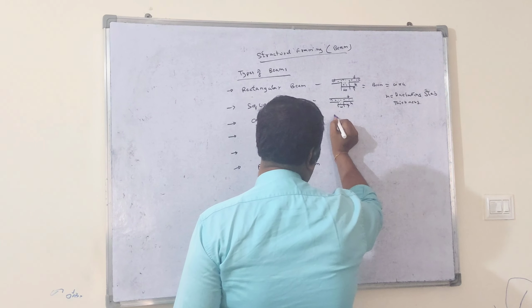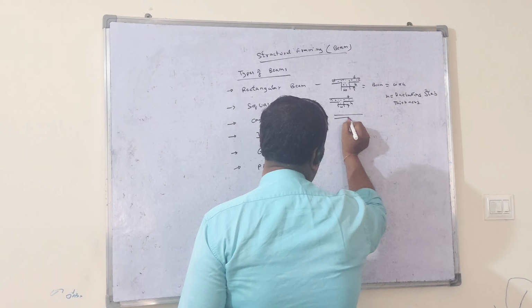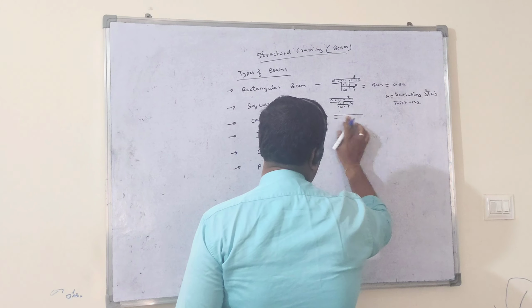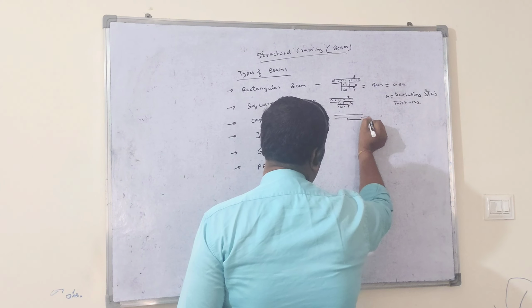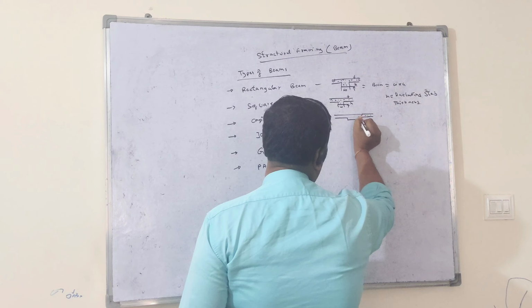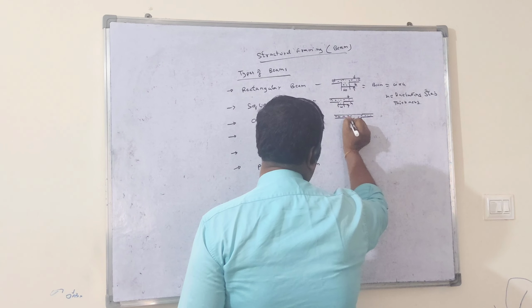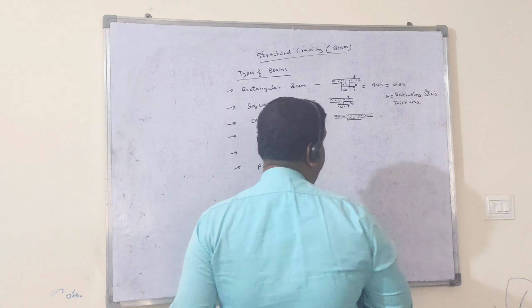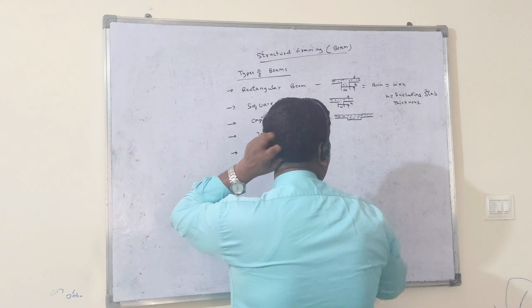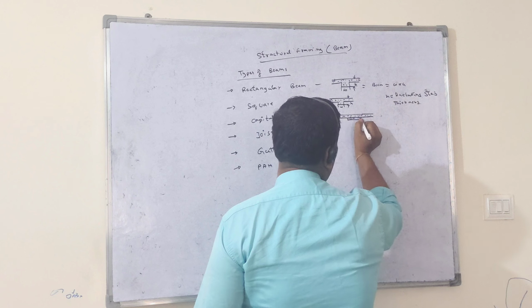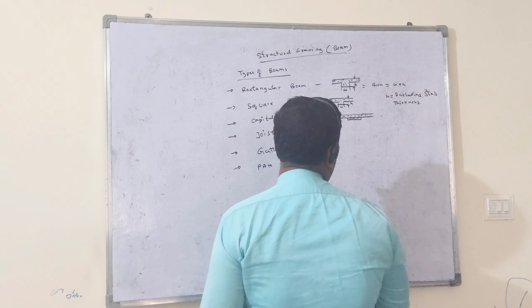And the capital beam is like that: the slab comes, and exactly at the slab bottom there will be a beam like that. This type of beam we call a capital beam. Directly here the slab will be there, that's all. For a bigger slab, here the slab will be there, here the beam will be there.